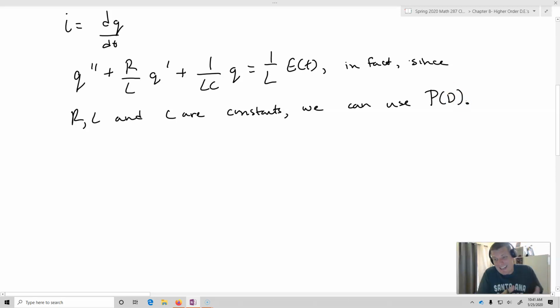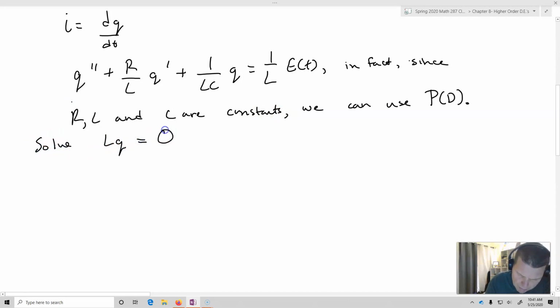And so let's actually take a look at what happens. Let's set these up, put them into an auxiliary polynomial, and see what we get as a result, because that's going to help us define what's going on with this circuit, okay? So first I'm going to solve the homogeneous equation, where Q is my charge, right? And so I get q double prime plus R over L q prime plus 1 over LC q equals 0.